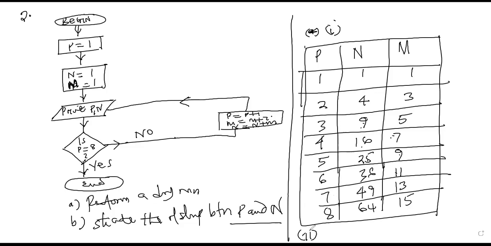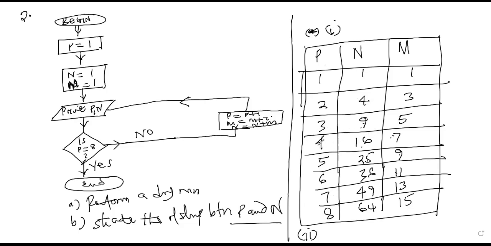Roman 2 is where they want us to state the relationship between P and N. P is 1, N is 1. P is 2, N is 4. P is 3, N is 9. P is 4, N is 16.